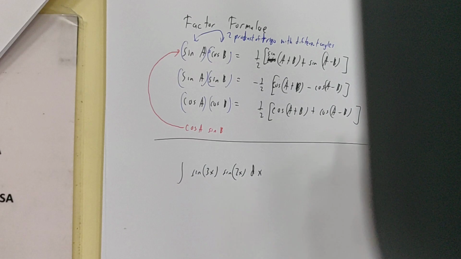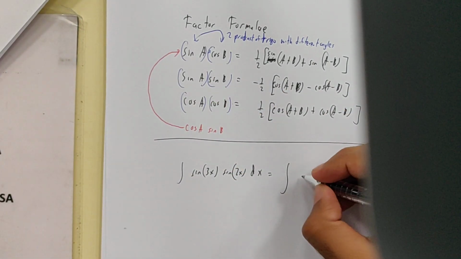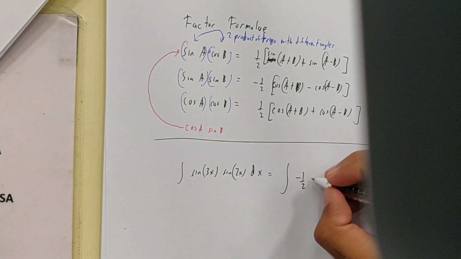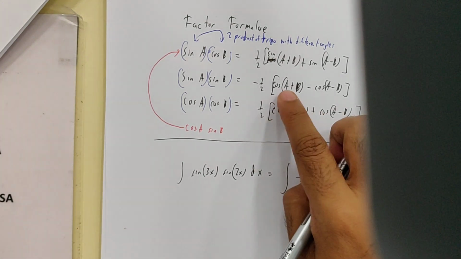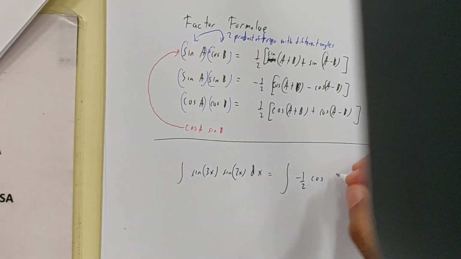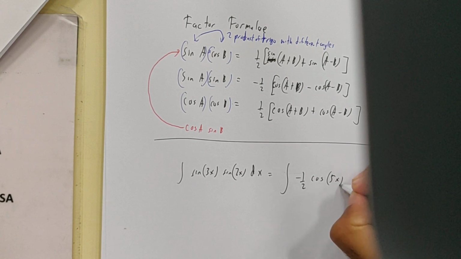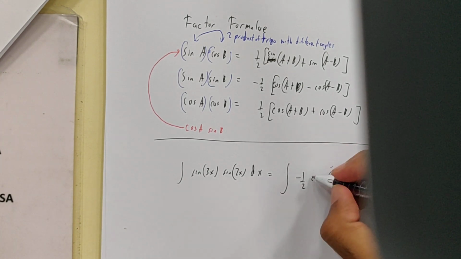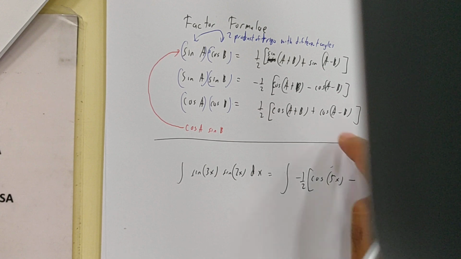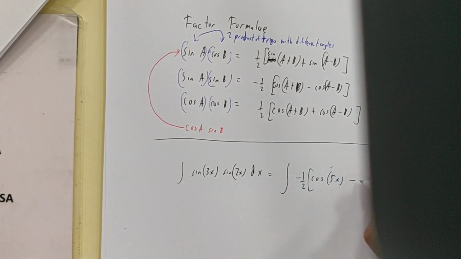First, second, third? Second, so that means this thing here, negative half cos A plus B, it means cos 3 plus 2x, very good, minus cos 3 minus 2x.